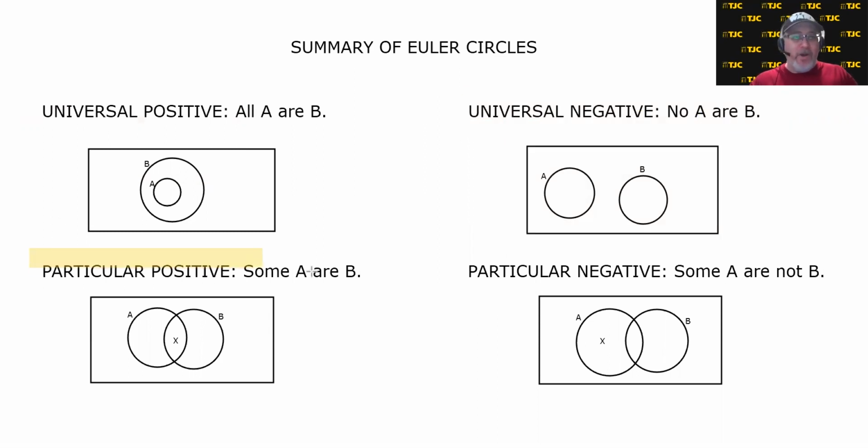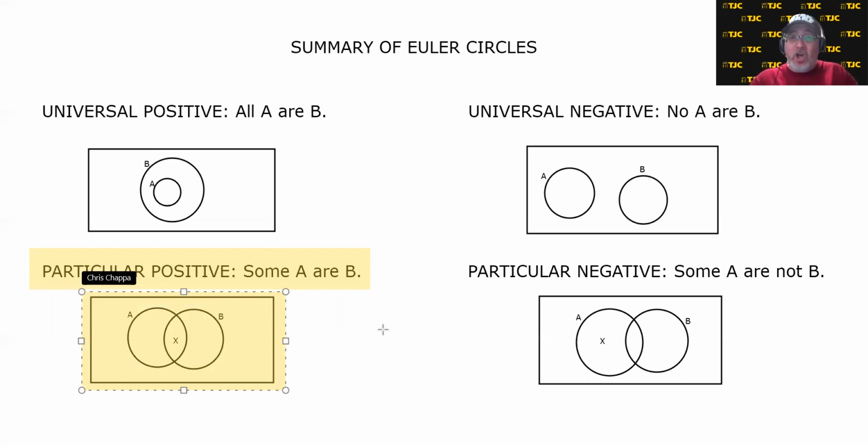For the particular positive, a statement of the form some A are B, we have to show the existence of an element in the intersection. So we draw both circles with an overlap, put an X in the middle to indicate that there is something in here.